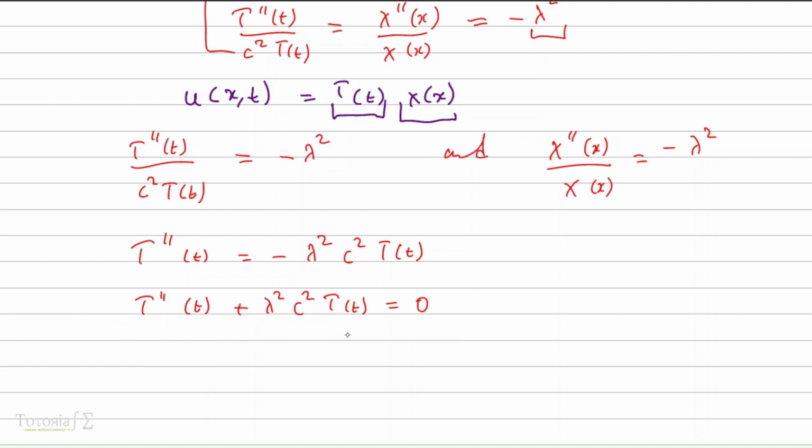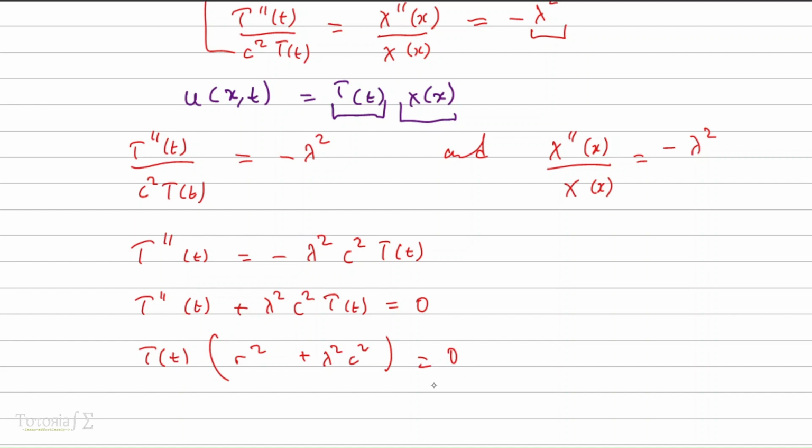So the same applies here. You factor out T of t, so that you remain with some eigenvalue r squared, since it's double prime, plus lambda squared c squared, times T of t equal to 0.